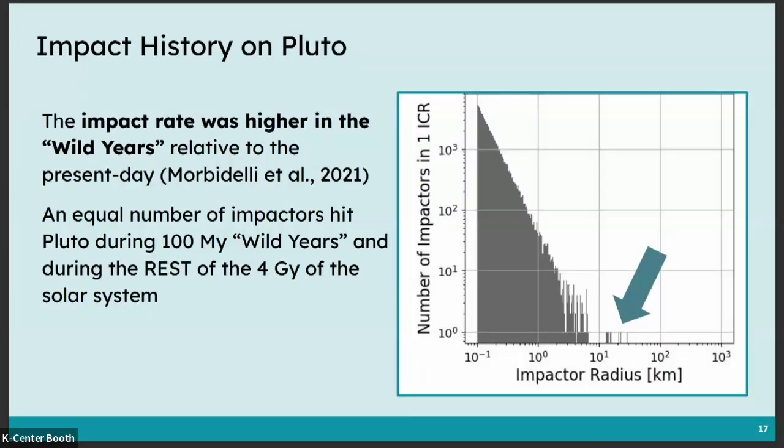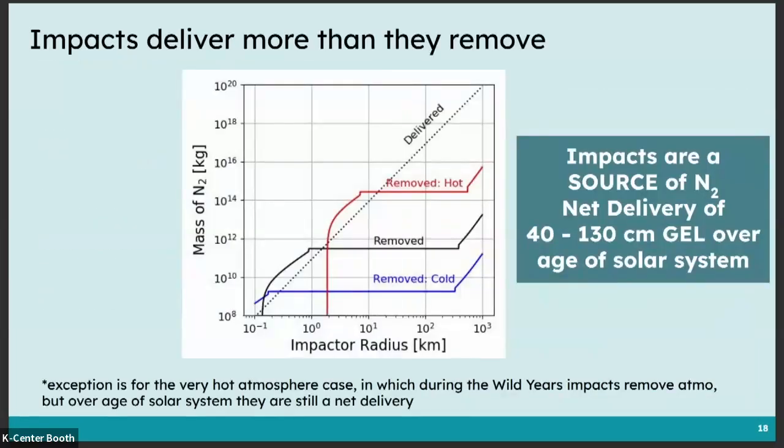And then we looked at impacts as well, and so we accounted for the fact that during the wild years on Pluto, this very early time period in Pluto's history, impacts were much more common. There was just a lot of debris hanging out in this part of the solar system, and so we account for the higher impact rate and account for how much nitrogen impacts would deliver to Pluto, and how much they would remove.